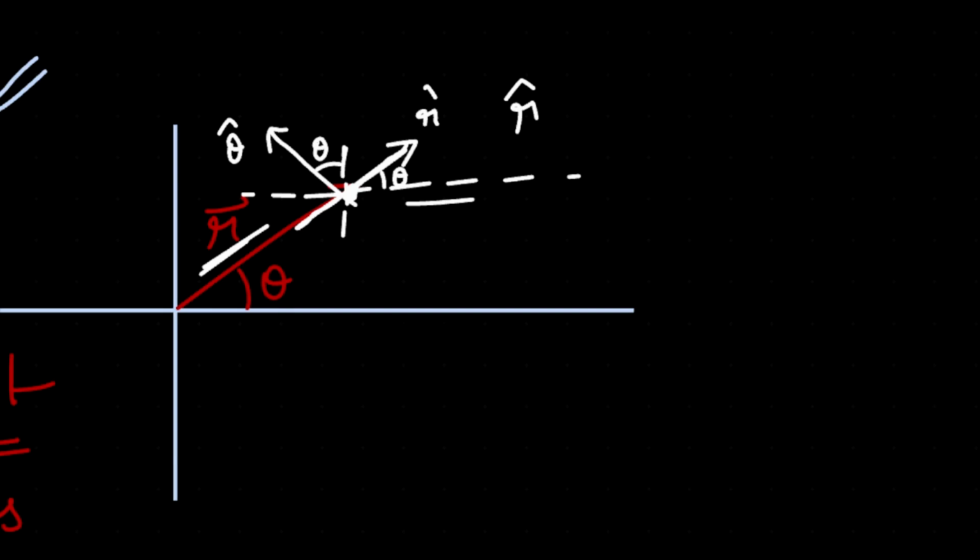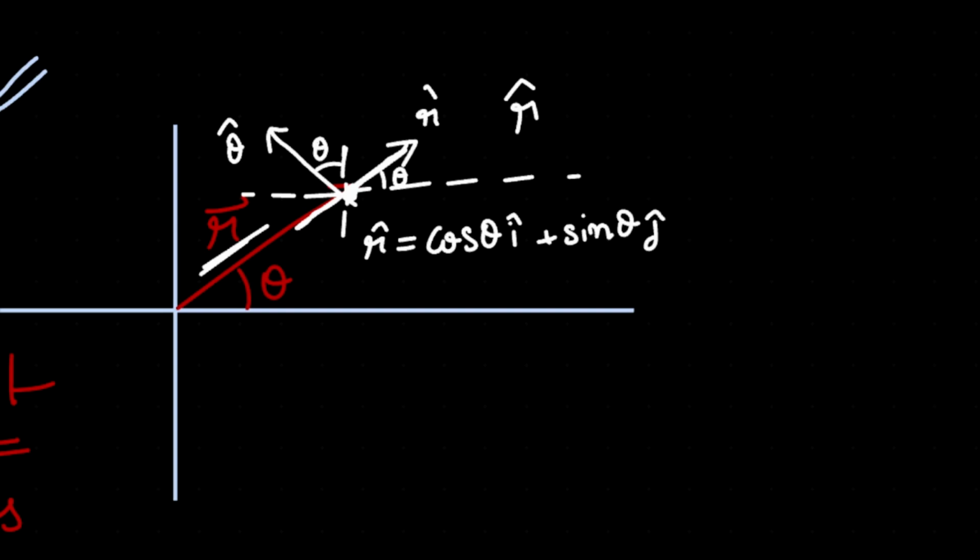If that is theta and this is 90 degrees, then this will be 90 minus theta. So what we get is that our r cap with respect to the Cartesian system we can write as cos theta i cap, obviously, plus sin theta j cap.